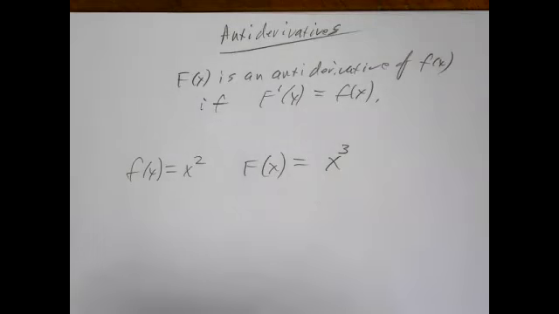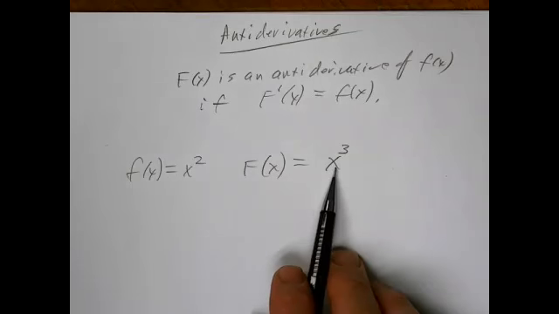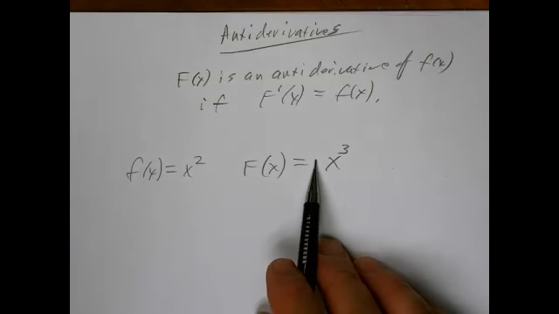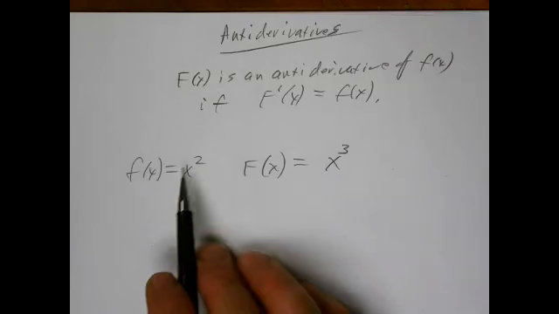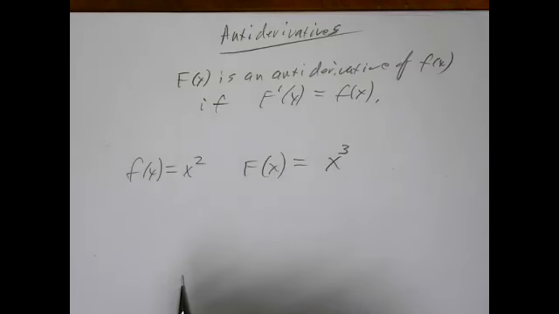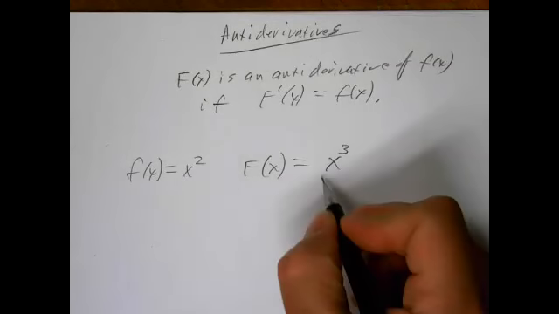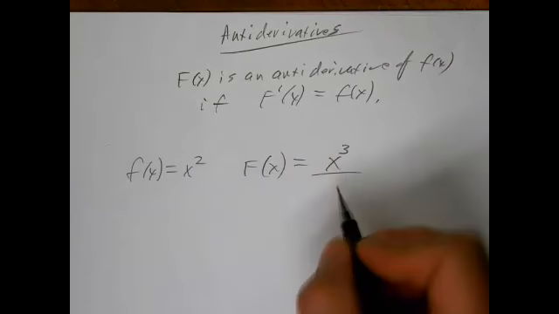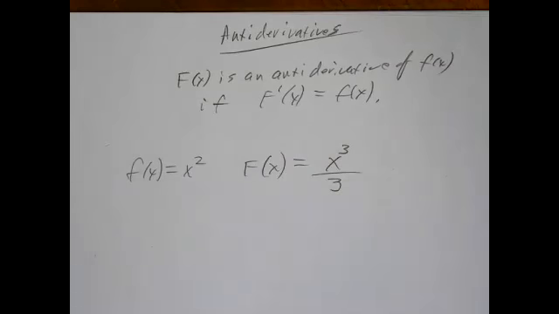The problem, though, is if I try to take the derivative of this, yes, the third power drops to a second power. That part's good. But I'm going to have a 3 out front that was not found in the original function. So the antiderivative rule is going to say, to remedy that problem, we just divide.